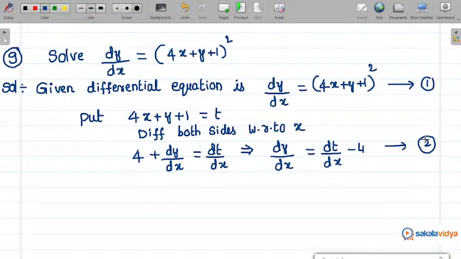Substituting 4x plus y plus 1 equal to t in equation 1, and substituting dy by dx equal to dt by dx minus 4 in equation 1.